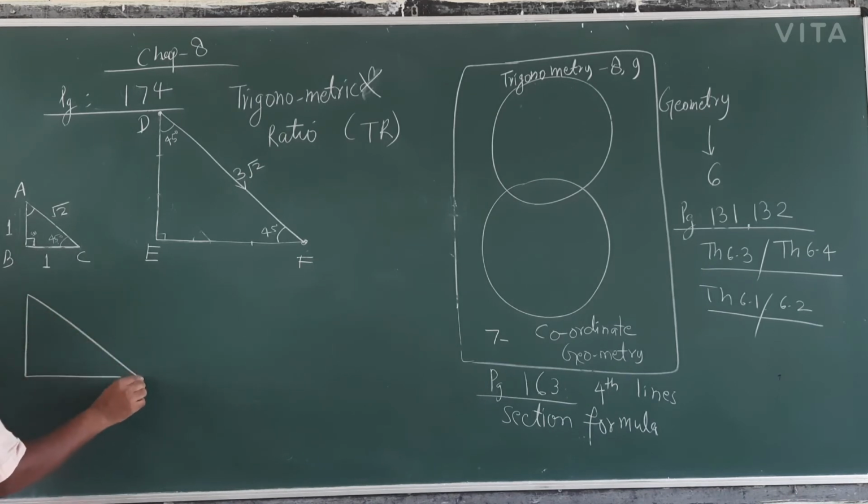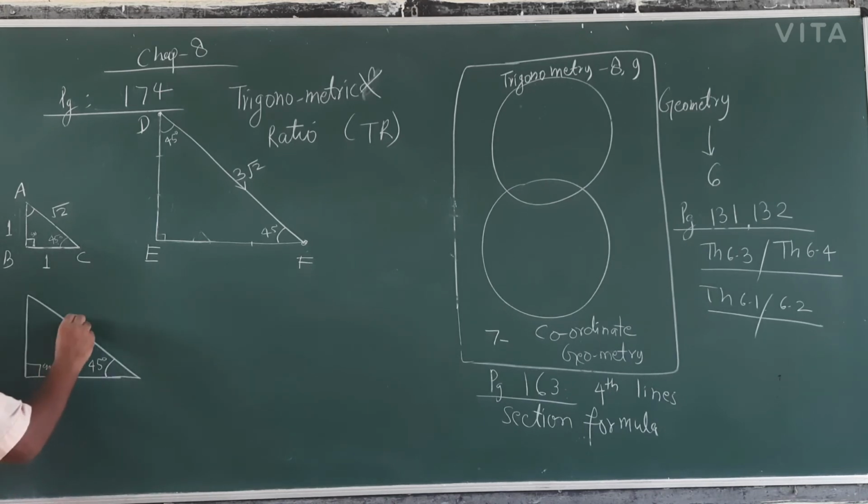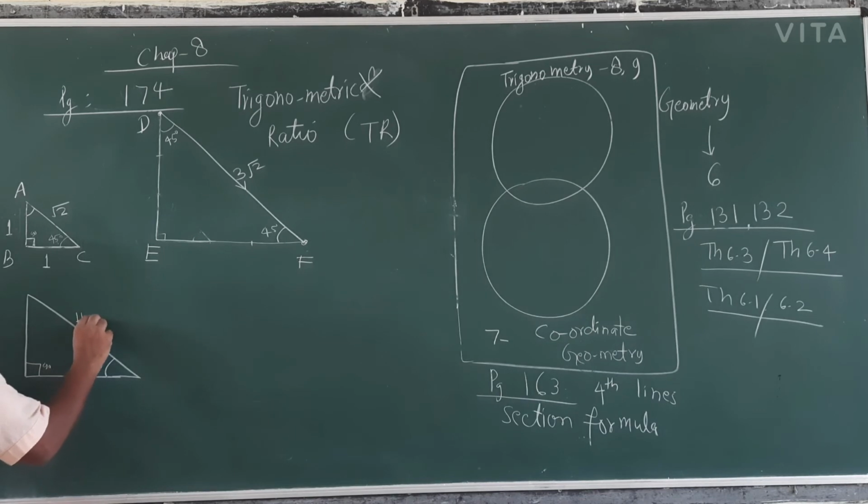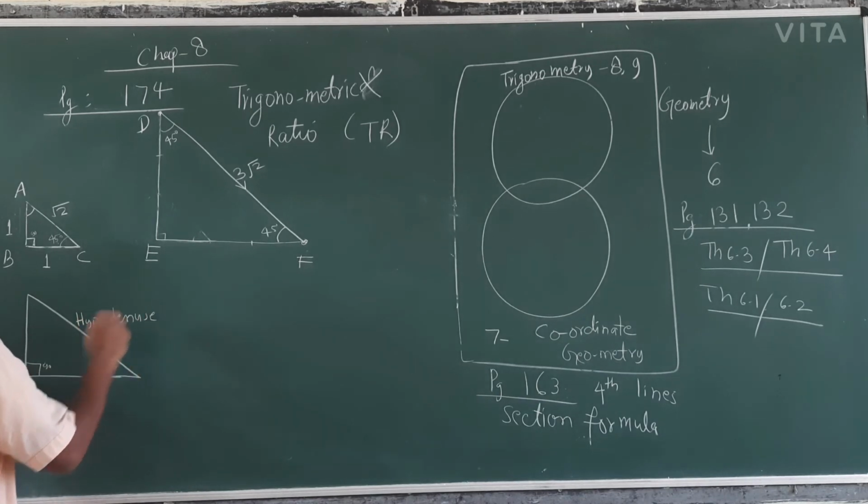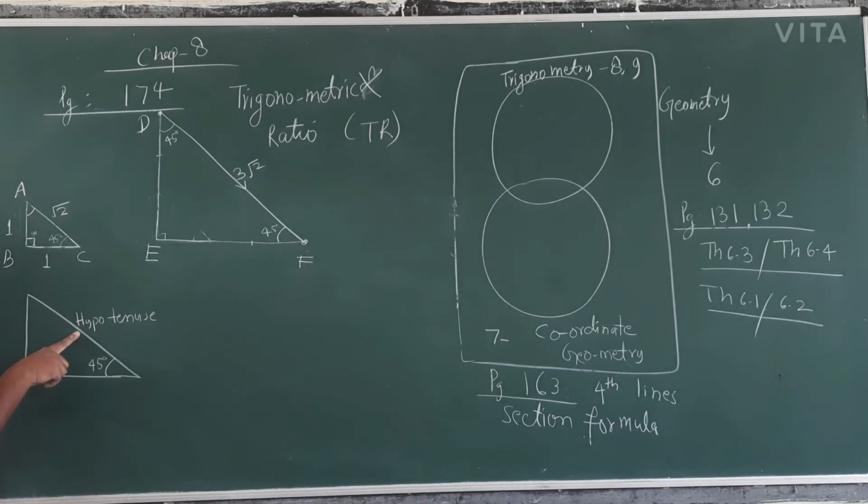In right angle triangle, this is 45 degree. This is 90 degree. Hypotenuse is fixed, just opposite to the 90 degree. This is fixed. Hypotenuse, it is 1.